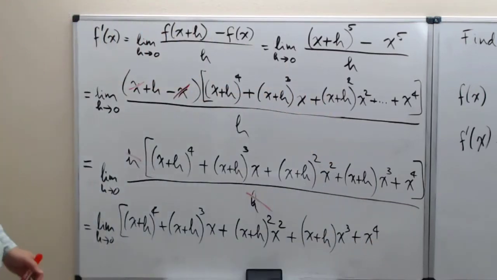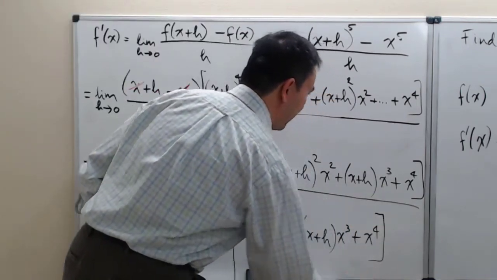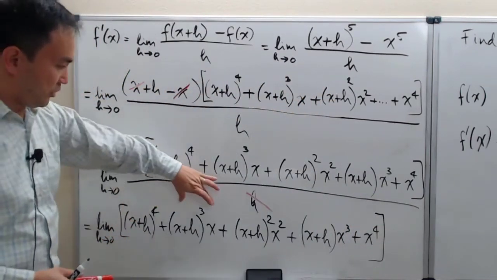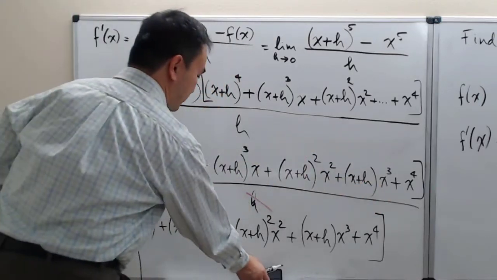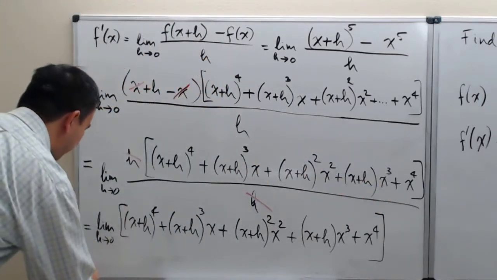Okay? And notice that we're actually having 1, 2, 3, 4, and 5 terms. So, the real good part is here.